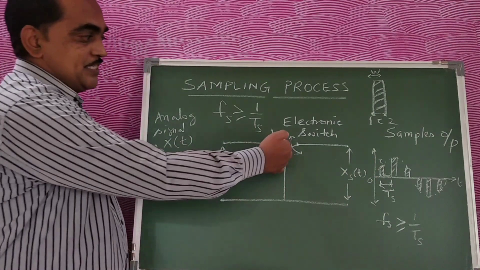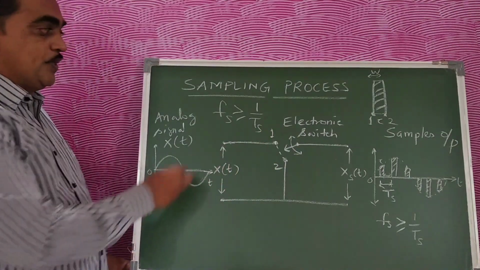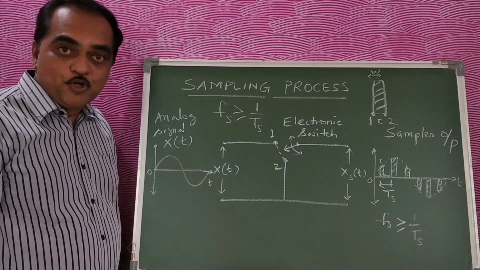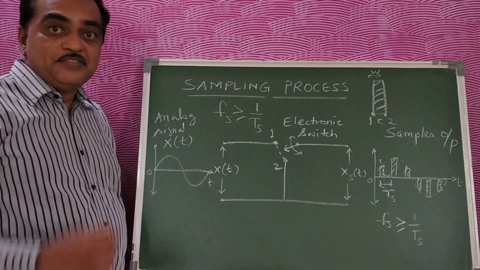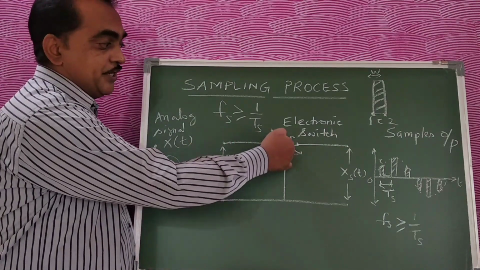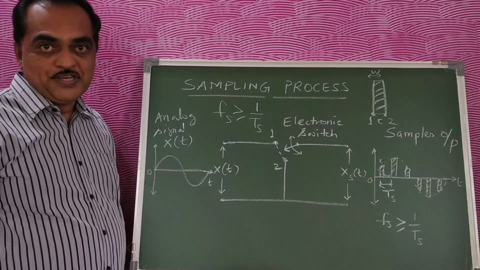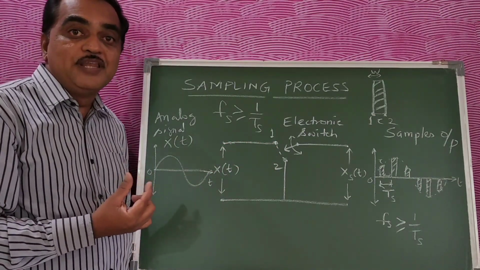Like this switch will come from point 1 to point 2, point 1 to point 2 at a frequency rate Fs, which is greater than or equal to 1 upon Ts, where Ts is the time period between two pulses. The time for how much it is connected to point 1 will decide the width of the pulse, whether you want a smaller width or the larger width.